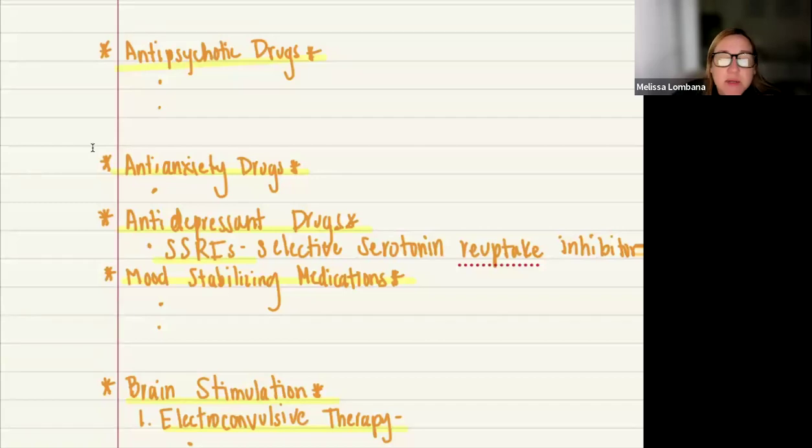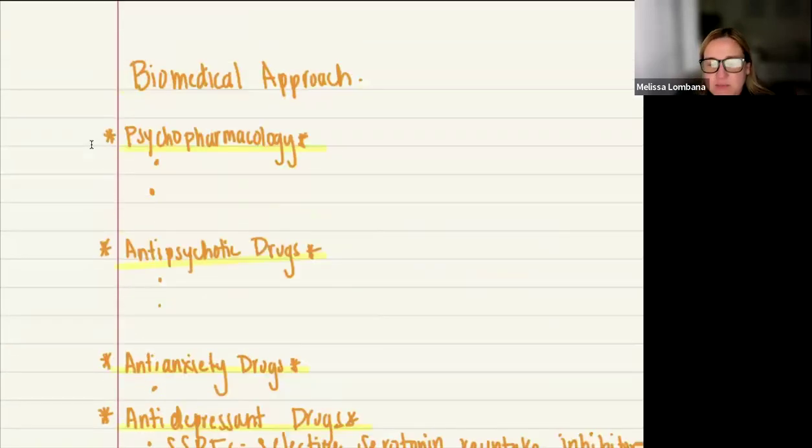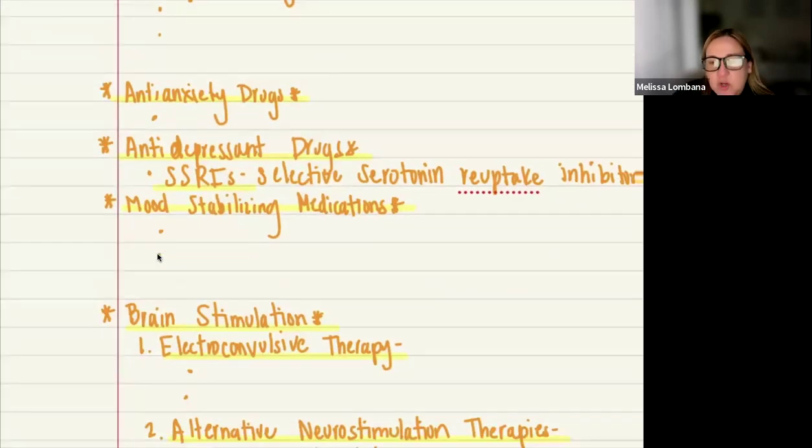Okay. And typically what you will see, and we've talked about this many times, they're usually called SSRIs, which is selective serotonin reuptake inhibitor.